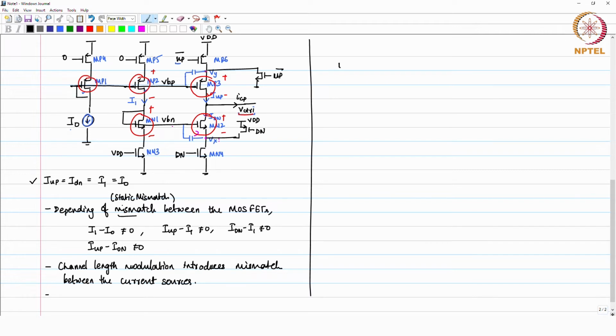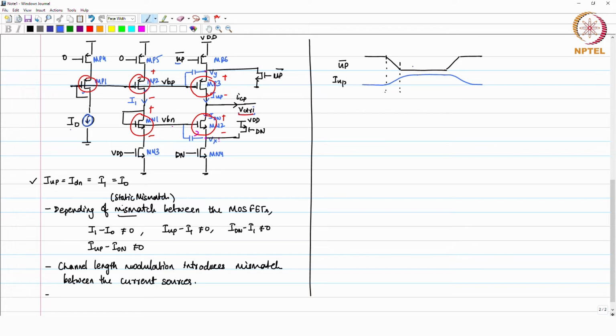When my up bar signal makes a transition from 1 to 0, high to low like this, your I up current will go from 0 to 1 in some time. And when you make your up bar signal go from low to high, then your I up current will go from high to 0, something like this.